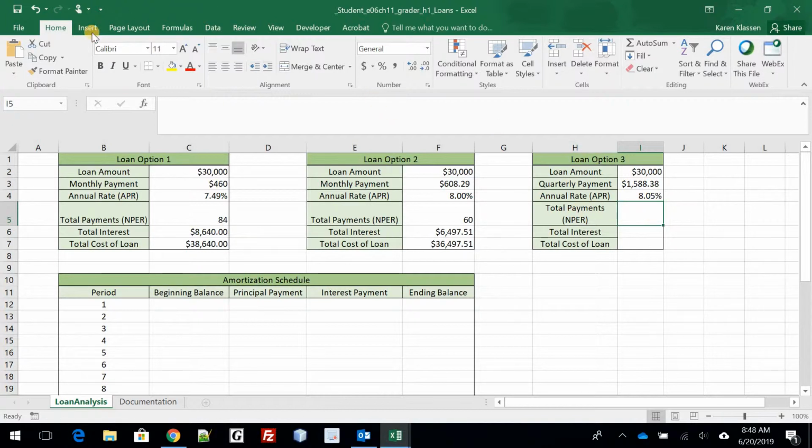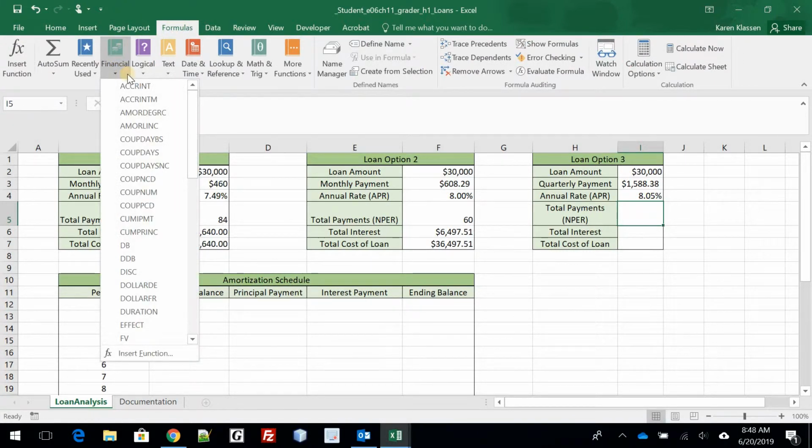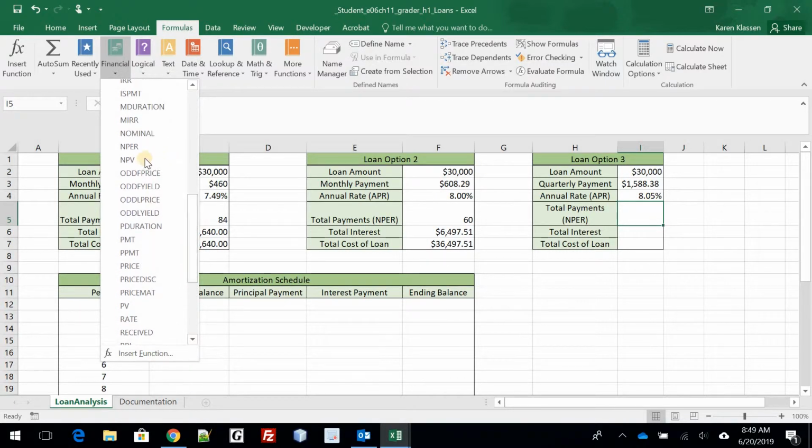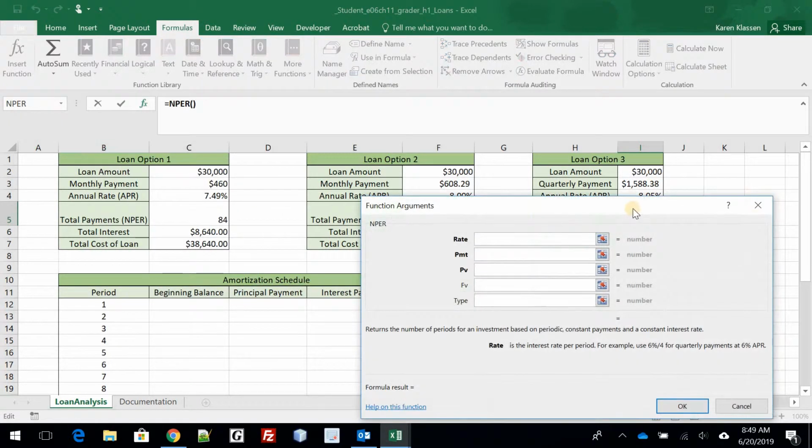Okay, so I'm going to come on here, look in my formula, financial, and maybe there's something that's called NPER. So I'm going to scroll down. Oh, look. NPER returns the number of periods for an investment based on periodic constant payments and a constant interest rate.